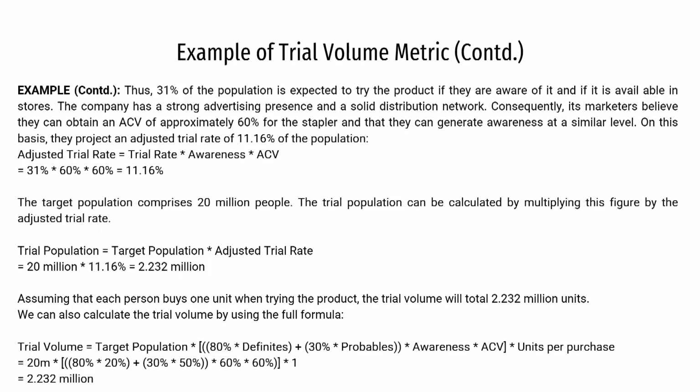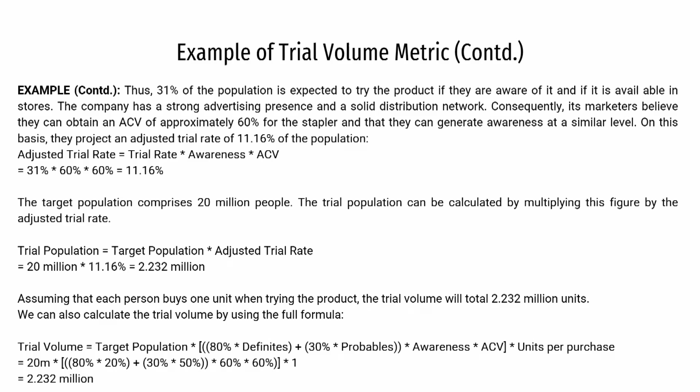Now, we continue expanding the same example. 31% of the population is expected to try the product if they are aware of it and if it is available in the stores. In the case of trial rate, we have already adjusted for awareness and availability or distribution. The company has a strong advertising presence and a solid distribution network.